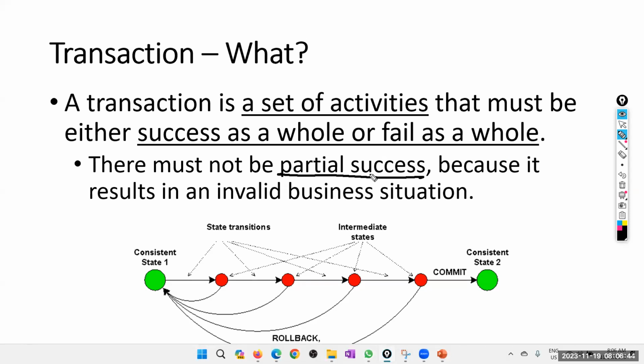Either nothing is done or everything is done. There's nothing called partly done. Then we say we have a transaction. And the way to handle the transaction is either fully done, success, or nothing is done. So that is how the transaction must be handled.